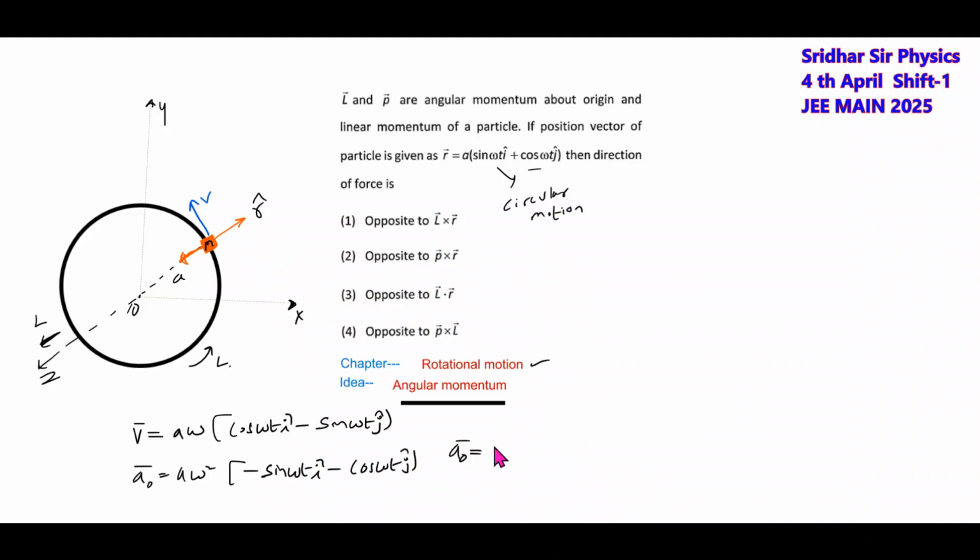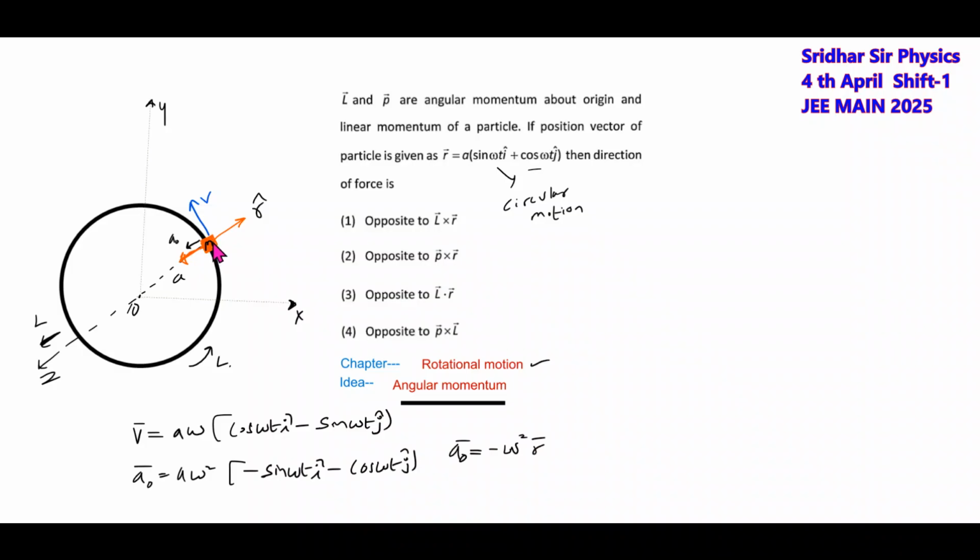If you take the minus sign common, this becomes minus omega square r bar. So how is the a naught vector directed?